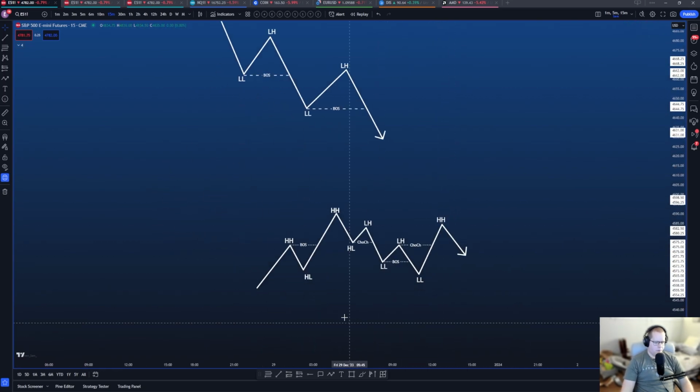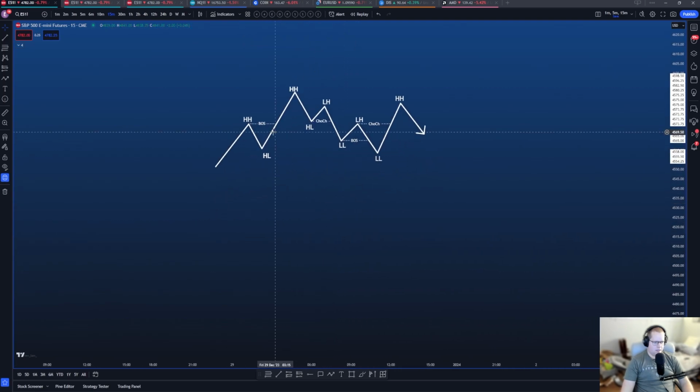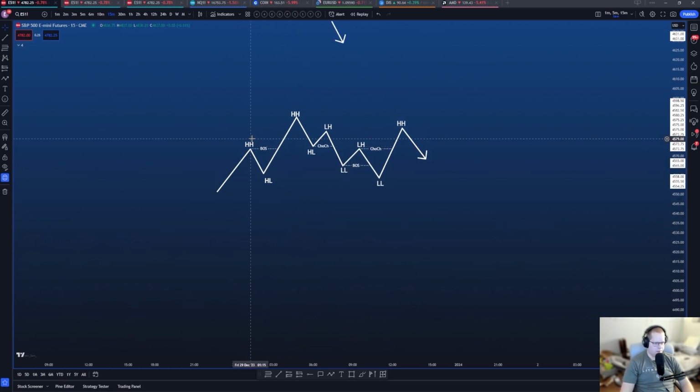Now, when we go through this chart, this is where you see a lot of different acronyms, but it's very, very simple. We have a higher high, higher low. When we break that higher high, it's a break of structure because we are in bullish market structure. Then we have a higher high. We swing down, have a higher low, but we cannot break this high here.